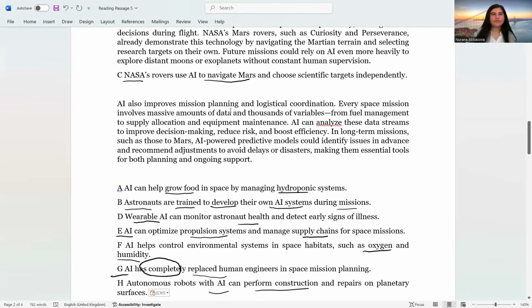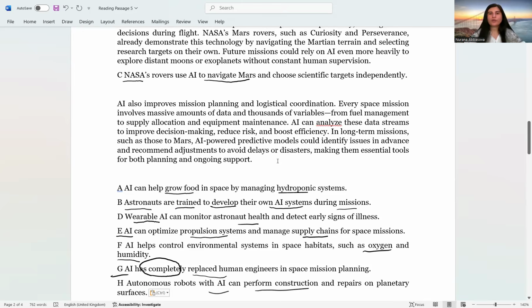AI also improves mission planning and logistical coordination. Every space mission involves massive amounts of data and thousands of variables, from fuel management to supply allocation and equipment maintenance. AI can analyze these data streams to improve decision-making, reduce risk, and boost efficiency.